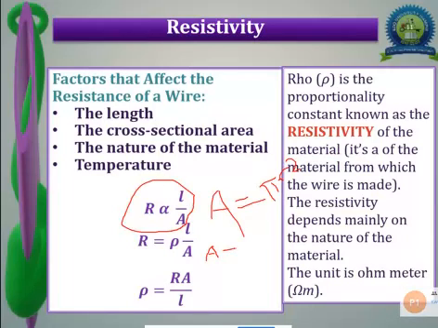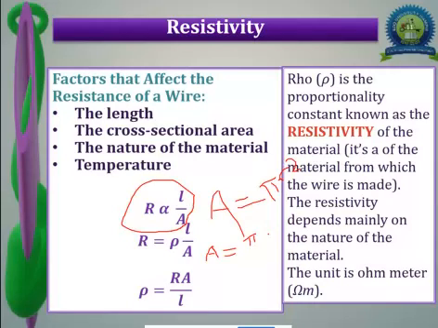This formula can also be written as area of wire will be equal to pi, if you replace your D is equal to 2R, isn't it? R is equal to D/2.